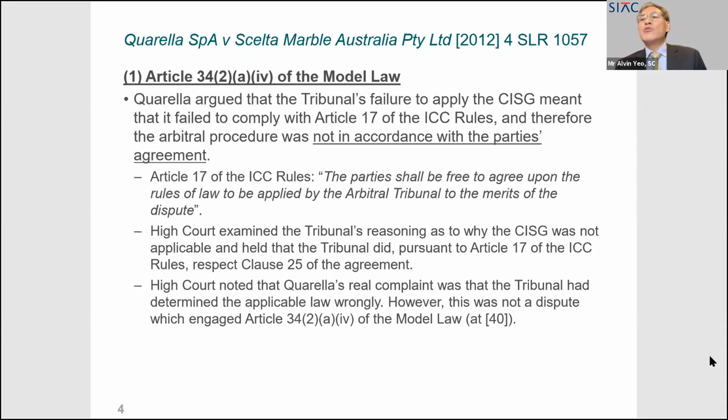And this they considered was not a dispute which engaged Article 34(2)(a)(4) because the tribunal had followed the arbitral procedure, but they had construed it in a particular way, and Corrella's complaint really was the way they had construed Clause 25 and the CISG, and that made it an error of law rather than a breach of procedure. And coming back to the fundamental principle that the courts cannot review the merits of an arbitral award, this did not avail Corrella in their grounds for setting aside.